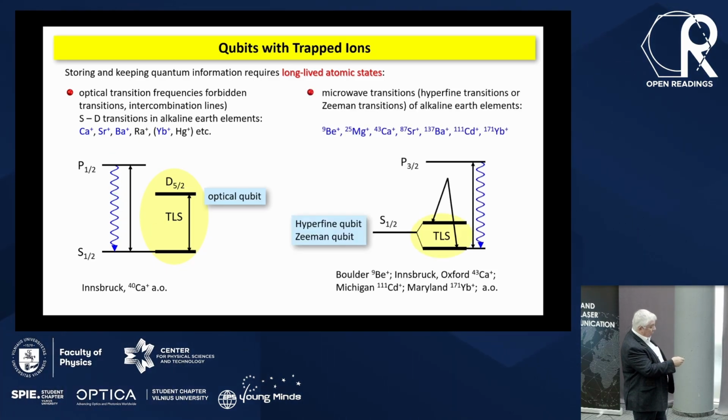The same works, of course, with lower lying states as well, say Zeeman structures or hyperfine structures. Here you just have to replace the laser that connects the two-level system, say for the Raman transition, but otherwise it works the same way. And all of the isotopes here listed in blue have been used for qubits and are being used in various scenarios still until today.